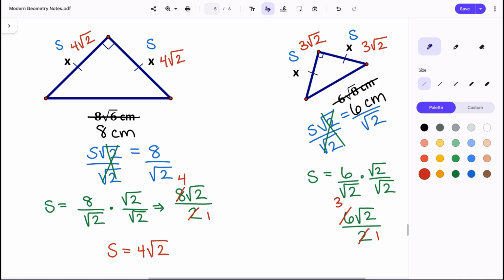Now, really quick, can any of you maybe make a quick generalization on these two problems? Is there something that you noticed happened? Is there maybe a pattern here that we're seeing?